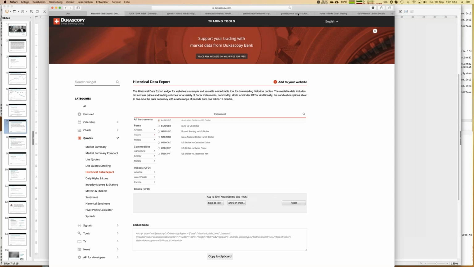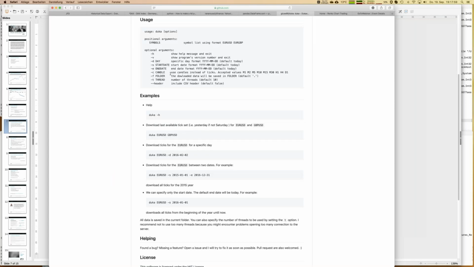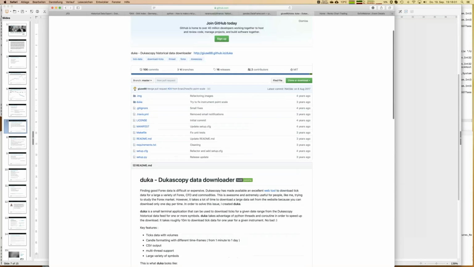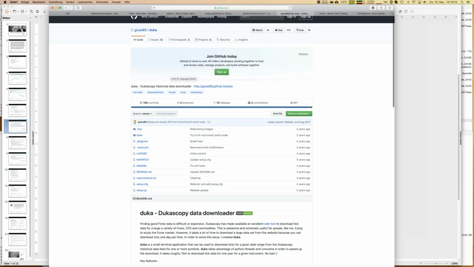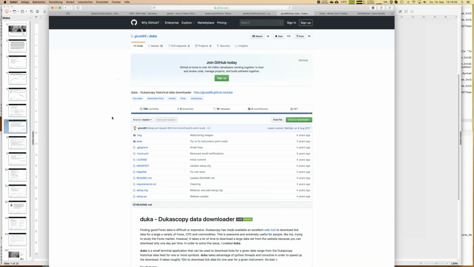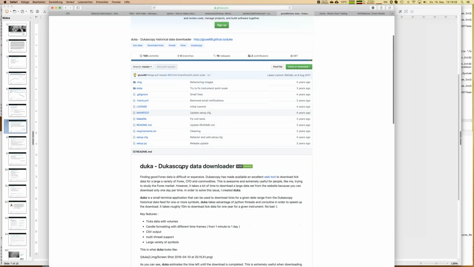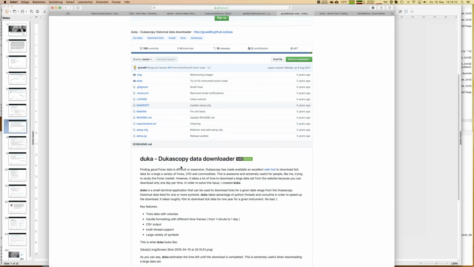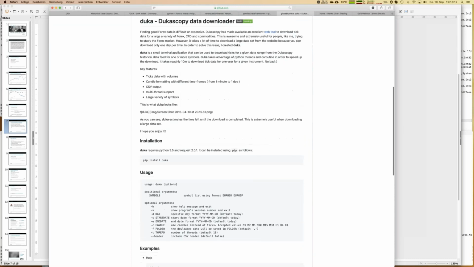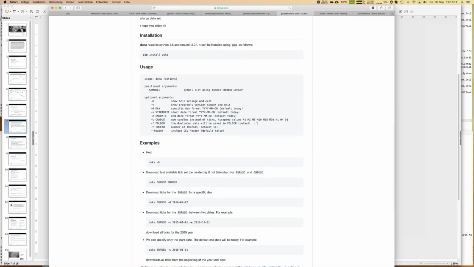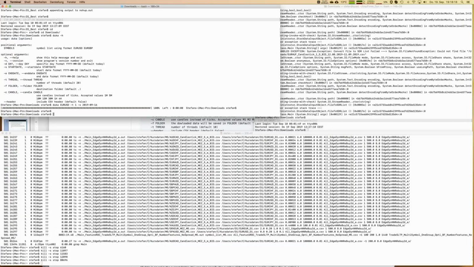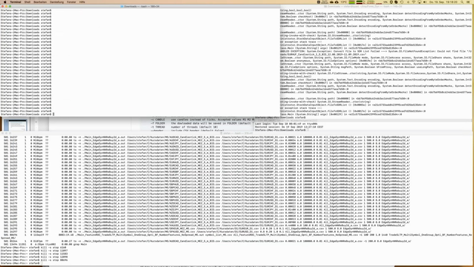The other one is quite cool, and you have seen already the link within my slides. It's going to GitHub, and then you can read that if you are interested in Python scripts, how to download and how to use. It's quite easy, and I will at least demonstrate that process within my terminal window here.